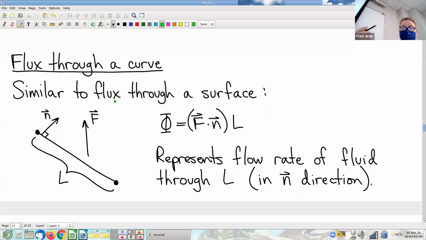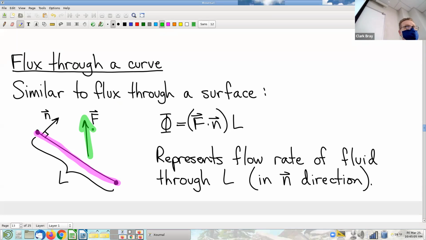The corresponding idea is, given a piece of curve, not surface, now just a curve, if we've got a flow of some sort, how much of the fluid represented by that vector field is passing through that curve?